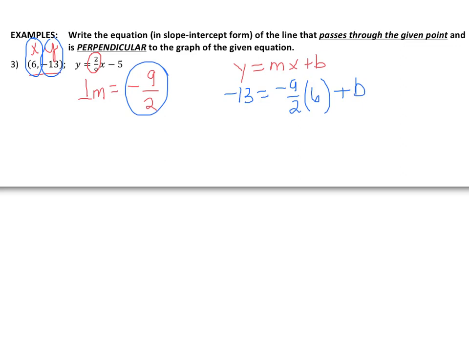Well, let's go ahead and solve for b, because b is our only variable here. So we have negative 13 equals negative 9 over 2 times 6, which is negative 27. You can check that on your calculator if you don't trust me. That's plus b. Okay, well, to get b by itself, we need to move this negative 27 over to the other side.